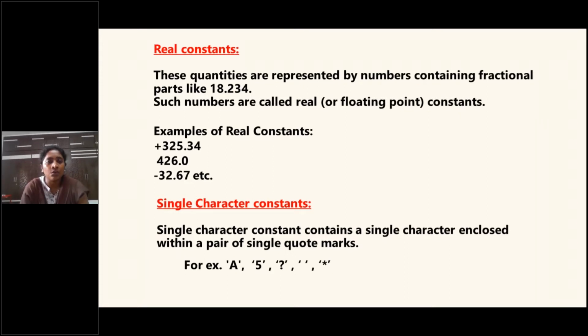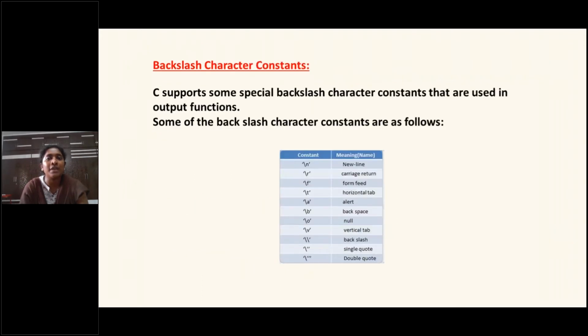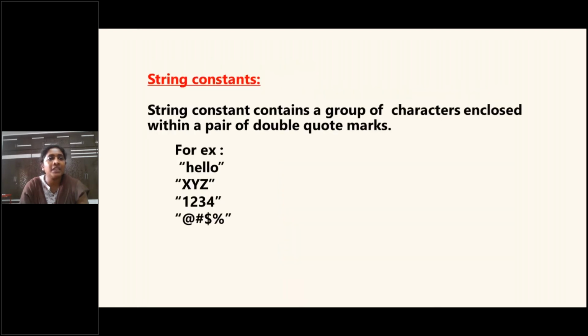Single character constants should always be enclosed within single quotes, any single character including special symbols. There are also a few backslash character constants which will be used in our programs, like new line, carriage return, form feed, horizontal tab, etc. String constants contain a group of characters within a pair of double quote marks. Any combination of characters enclosed within double quotes is called a string constant.